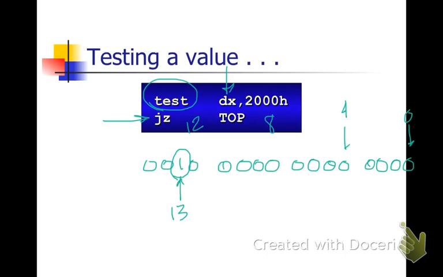If 13 is clear, then the result is 0 and our jump will happen. If it's set, then we won't jump. Okay, so that's how the instruction works. So let's call it a wrap with that, and we'll start back up with some shift operations.